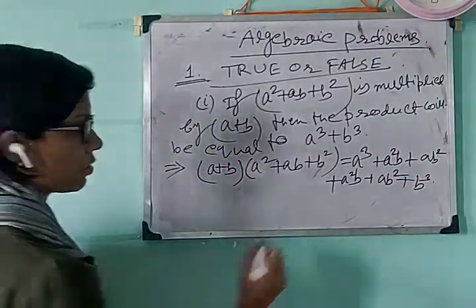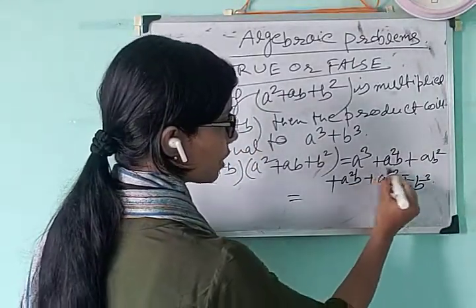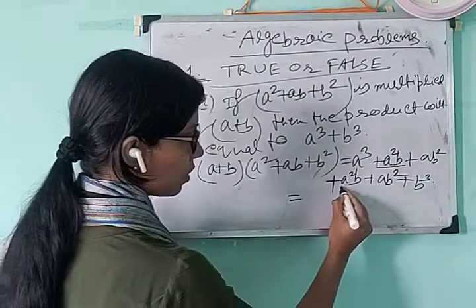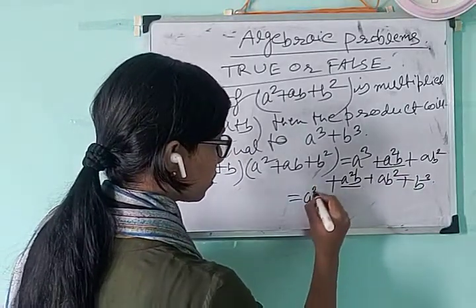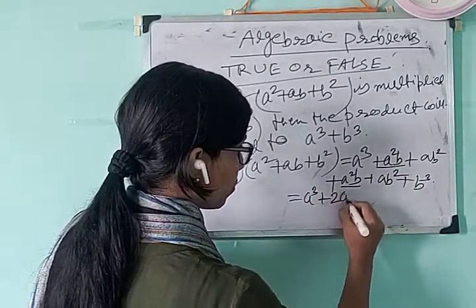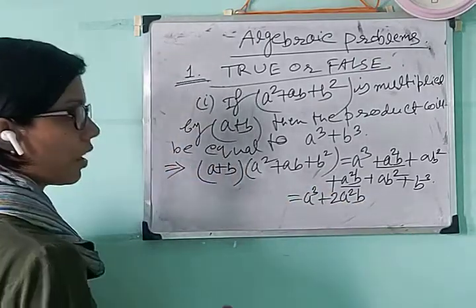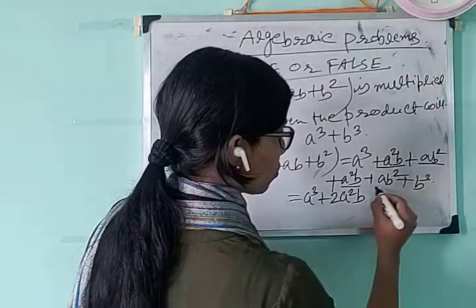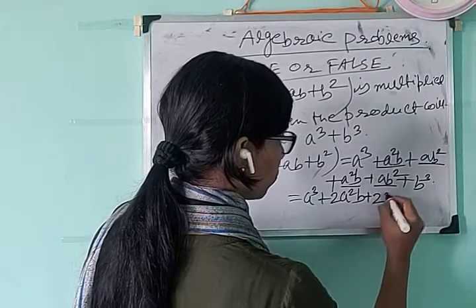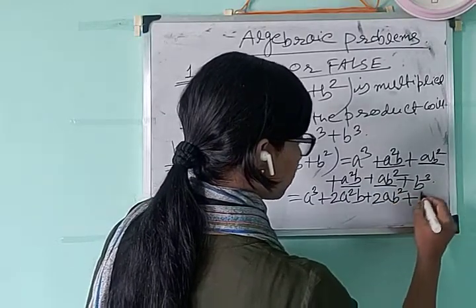If we sum up, there is 2a square b, so first writing a cube plus 2a square b, and there is 2ab square, plus b cube.